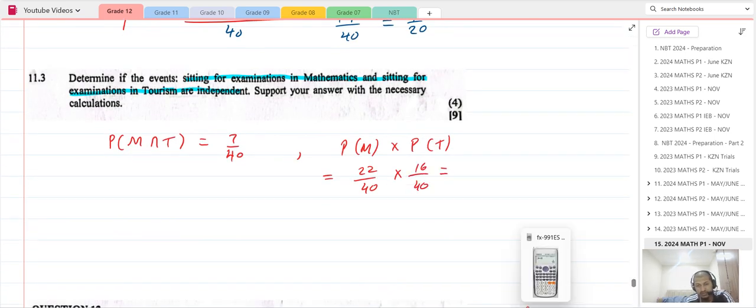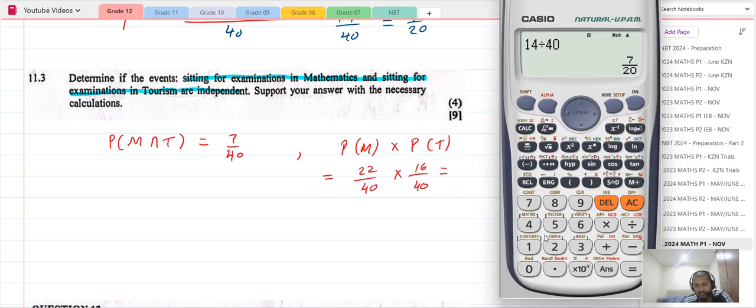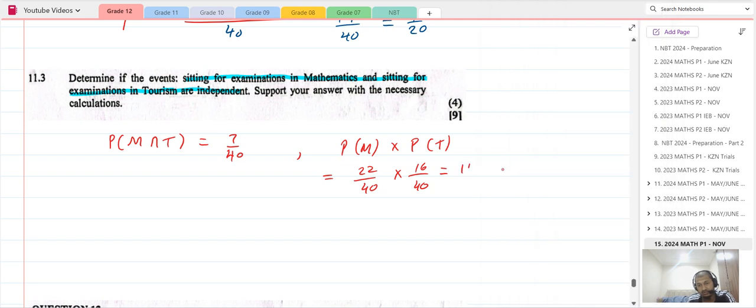So we need to check this. That's 22 over 40 times 16 out of 40. And we're getting 11 out of 50, right?